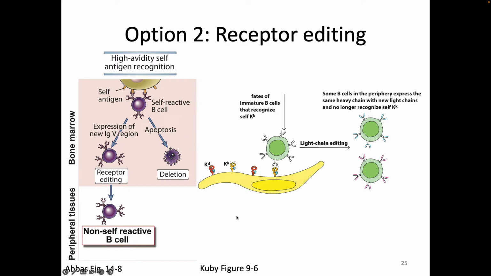In receptor editing, our self-reactive B cell can try to make a new receptor. So its first receptor was self-reactive. It could try again to make a different receptor that is not self-reactive.